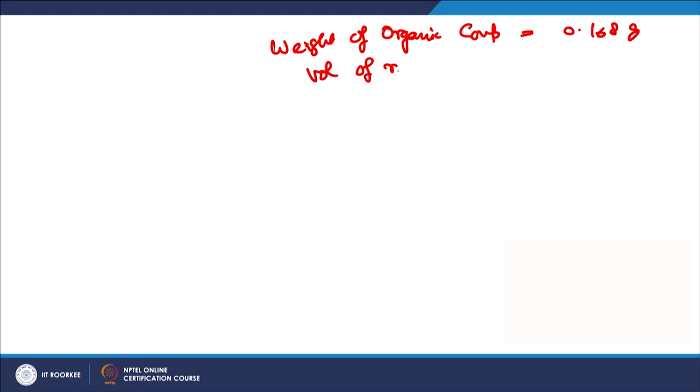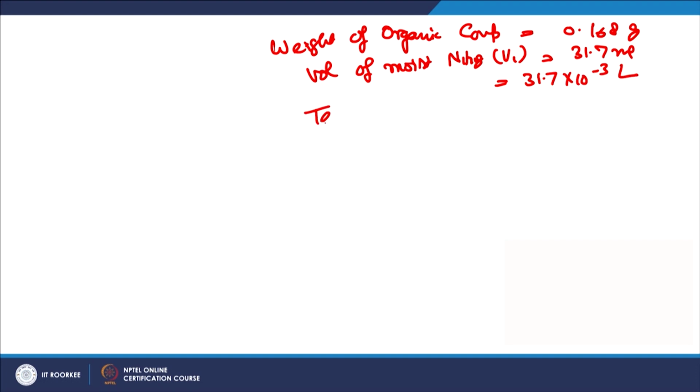Now let us solve this problem. Weight of organic compound is 0.1688 gram, volume of moist nitrogen V1 is equal to 31.7 ml or 31.7 into 10 to the power minus 3 liter.